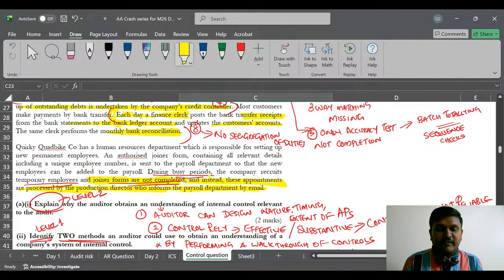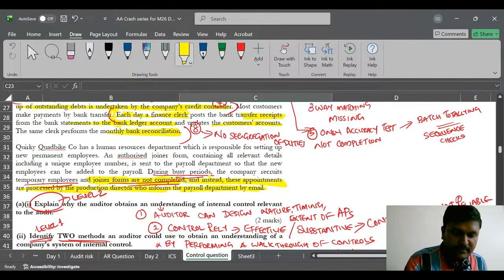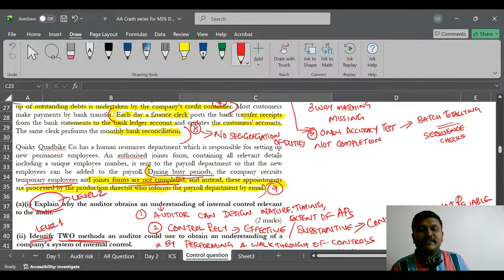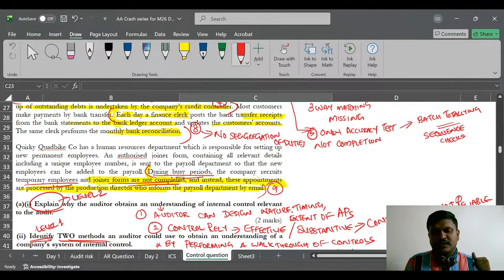They will not be paid the correct salaries on time, or may not be paid at all. Okay, so we have this particular thing: no unique ID, no process followed, it's sent by email. There could be a problem that the email would be missed, they will not be added, they will not be paid, loss of employee goodwill, company may be paying more to some persons. So again, increased cost will also be there. This could be the particular thing.